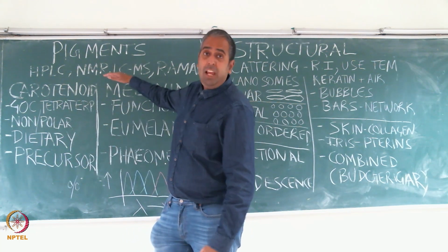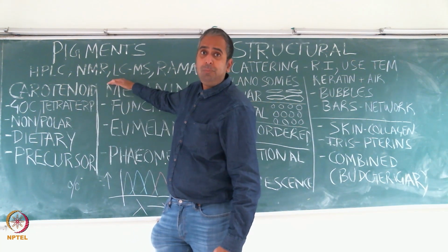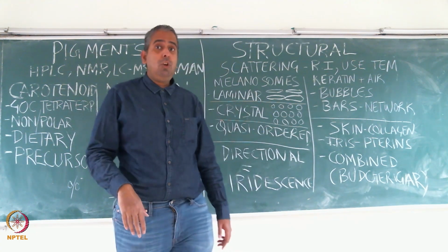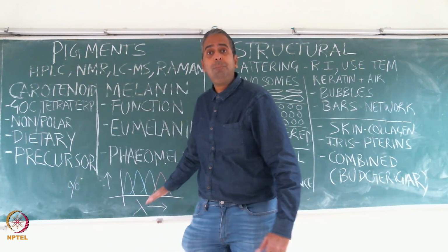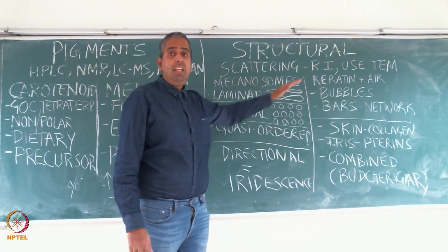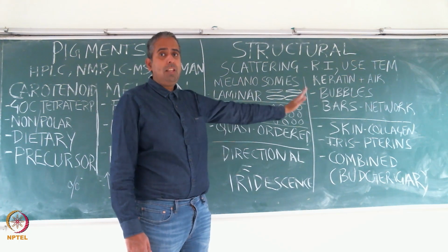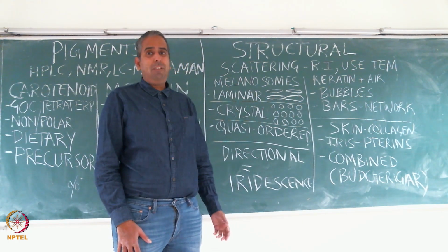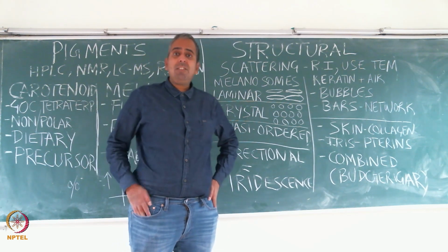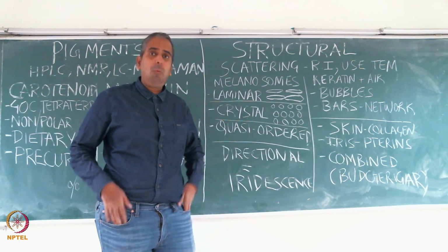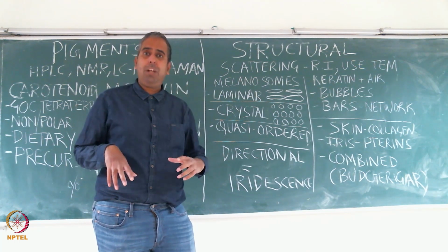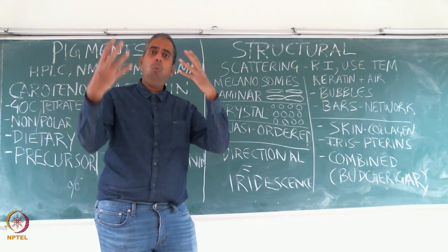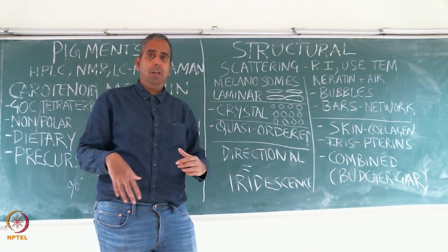You could do investigations biochemically. You could measure the reflectance of the color. You could also use a TEM and look at both the barbules and the barbs and see what sorts of scatterers you might find. But that's what I want you to take away in terms of what sorts of colors birds exhibit.